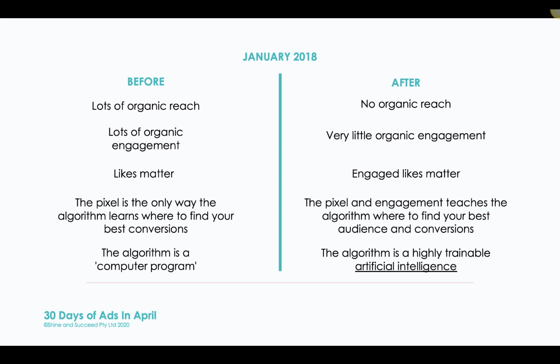So likes don't matter anymore, but engaged likes matter. Facebook has threatened so many times to take the likes count away because it is a vanity metric. What matters is how many of the people who like your page are actually engaged with your page. And the algorithm pays no attention to the number of likes.